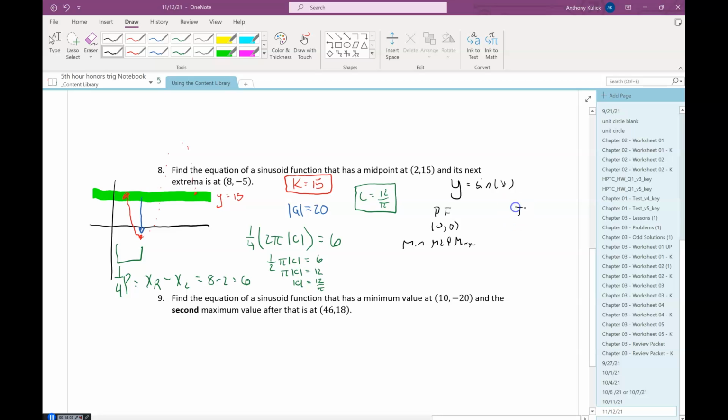From our transformed function, we're going to be using the midline point. That definitely went max, midline point, min. Everybody agree with that? And how we came up with that?